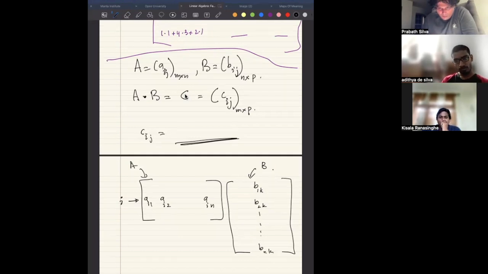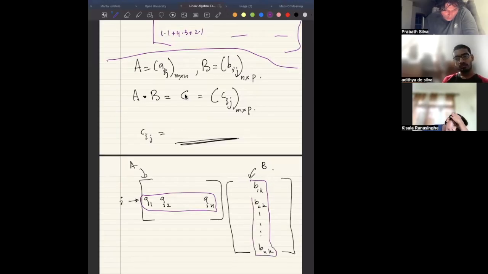Okay, so let's get multiplied. This one multiplied with this. And so this is i. You remember this index was j.